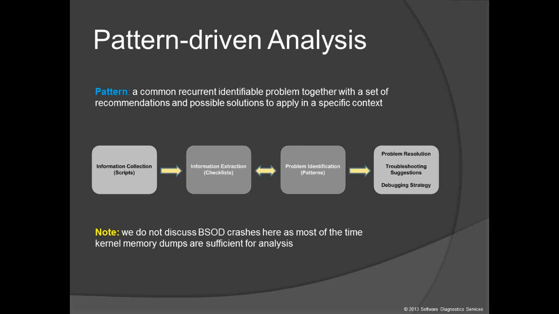And most recently, I consider a pattern as a set of recurrent identifiable indicators or signs of a problem, a set of indicators you see in analysis artifacts such as memory dumps or traces.